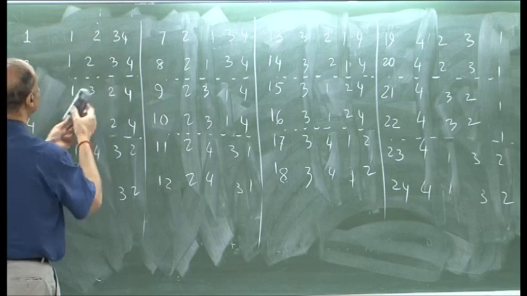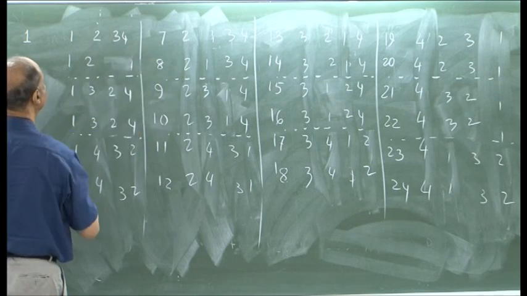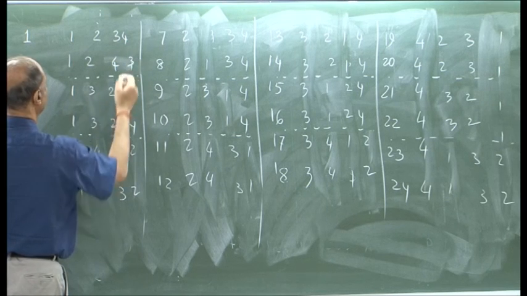So what happens in the third group? This will be interchanged: 4, 3.